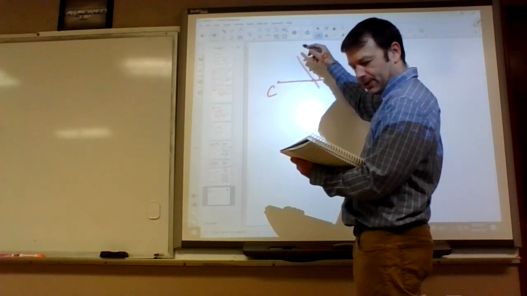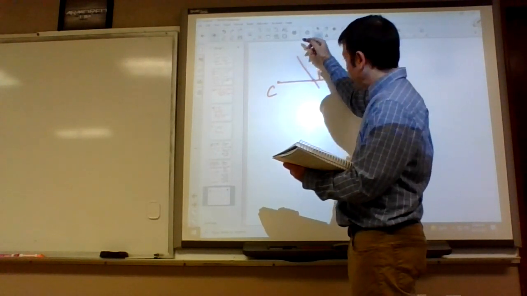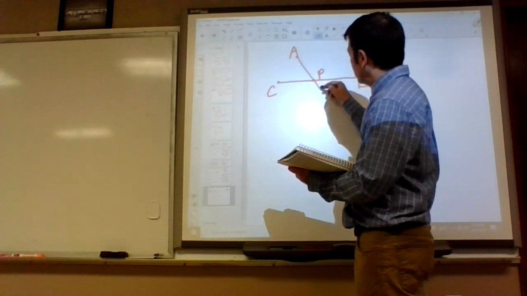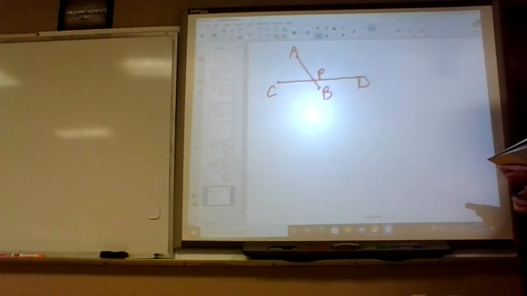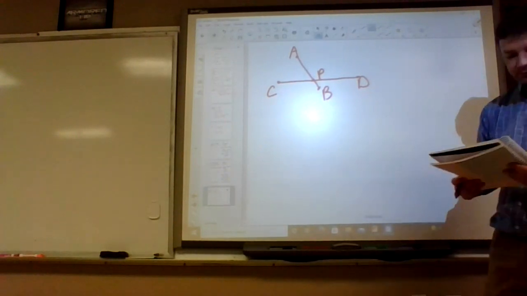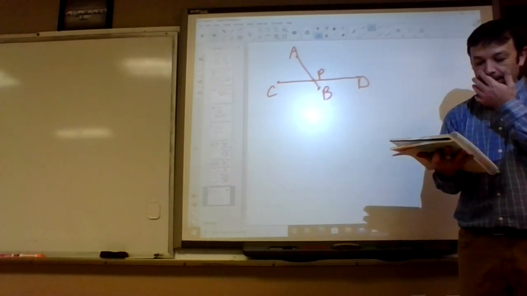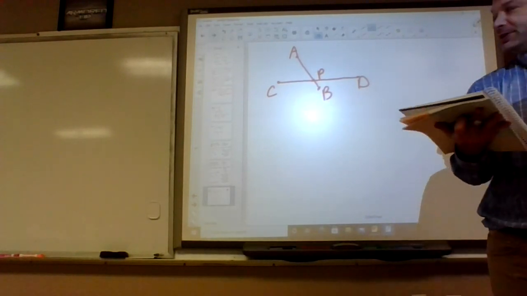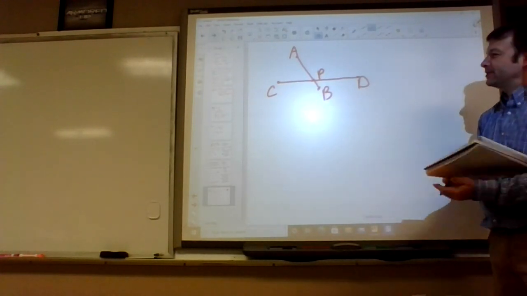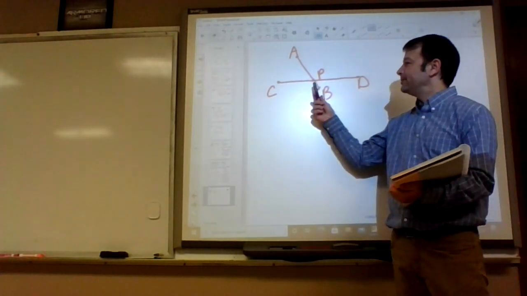That's called segment AB. So that might be what it looks like. Are we supposed to draw a picture? No. Not on this one. Yeah, we haven't done one of these before. We talked about a bisector, but we haven't really done the proof line.